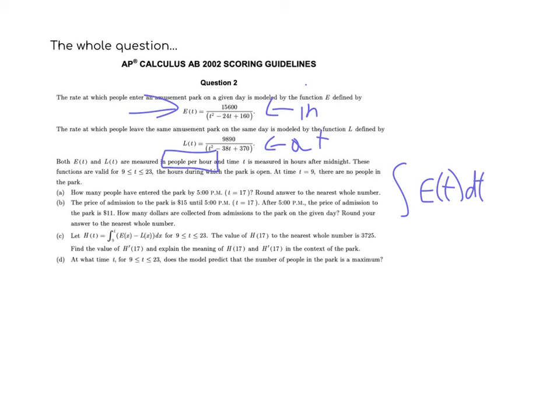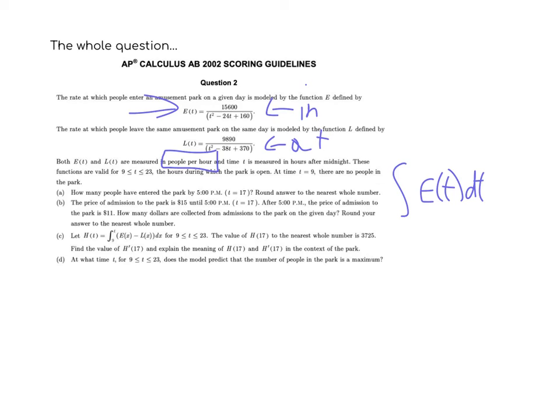And then for part C, h of t is the integral from 9 to t. That's how many people are in the park, because we're adding up how many have entered and subtracting how many have left. They tell us that h of 17 is 3,725. In the context of the question, that's how many people are in the park at t equals 17.